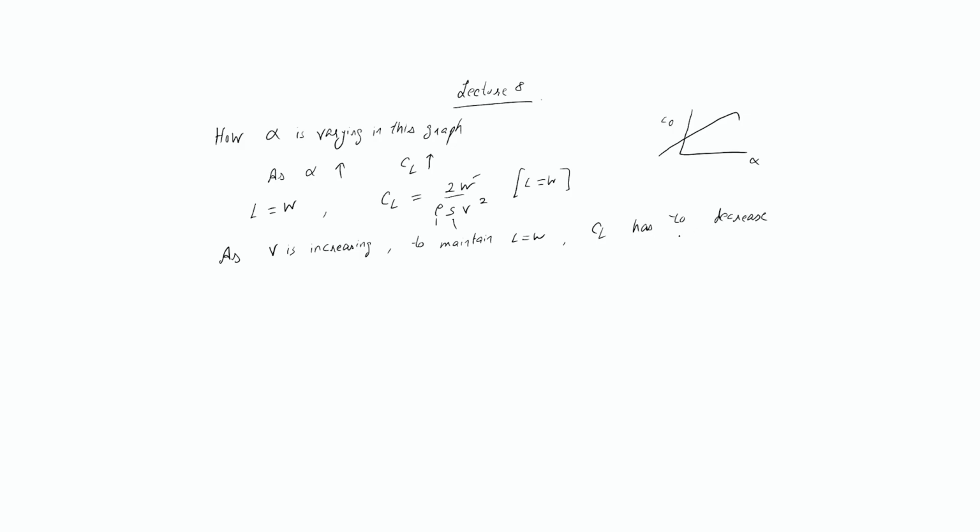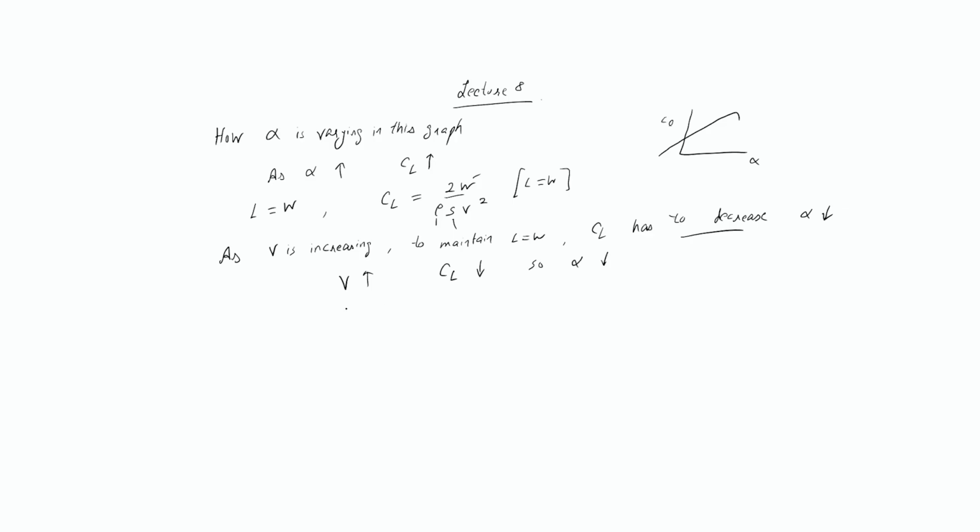Now when CL is decreasing, then what is happening to alpha? Then alpha will also have to decrease. So as velocity increases, CL is decreasing, and so alpha is also decreasing.